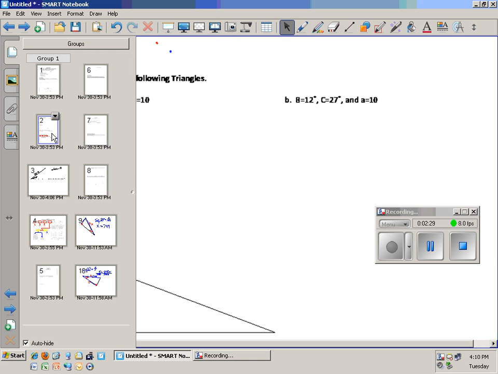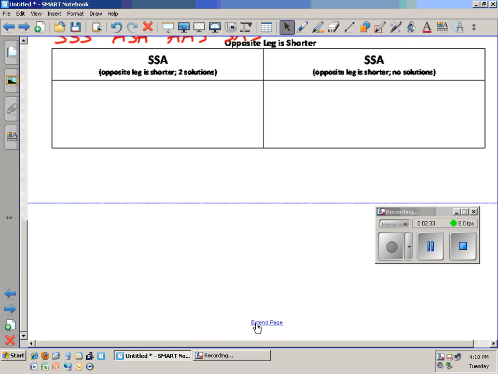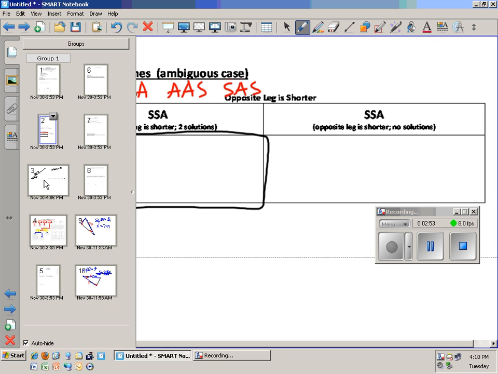If we go back to your notes and check out this part of the notes, it shows what side-side-angle with an opposite leg that is shorter looks like, where you have two solutions. This is something you've probably seen happen in geometry. Now, I'm going to fill in this box in just a second, but for right now, I'm going to move to another page where I already have a drawing prepared.